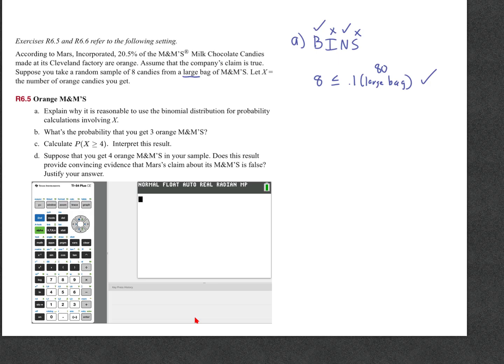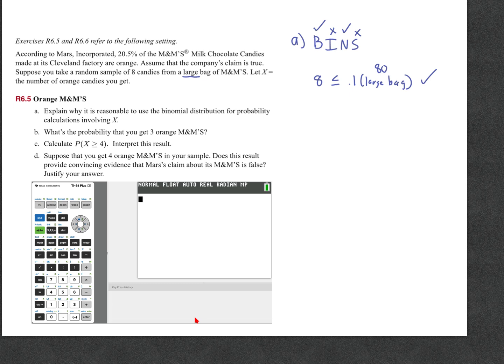And even though it didn't pass the I and the S, independent and same probability, the 10% condition can make up for that, so we say it's approximately binomial, and then we can use the binomial distribution for probability calculations.